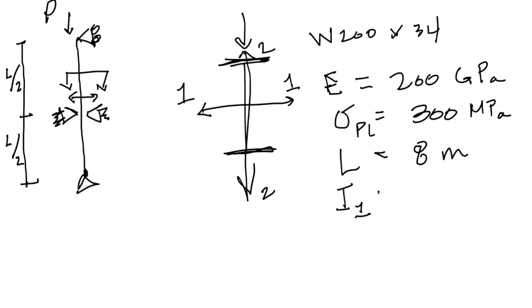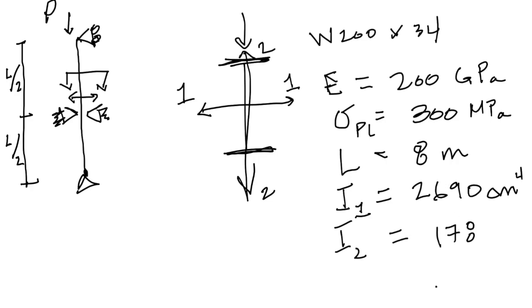So the I1 moment of inertia, the resistance to bending about this axis, should be much larger than the other axis, because that's how I-beams are designed. And so I2 is 178, so it's an order of magnitude smaller.